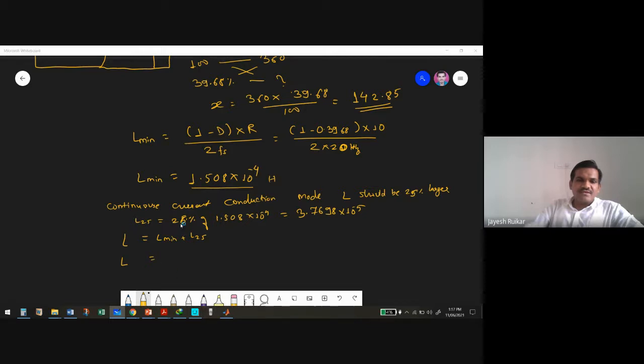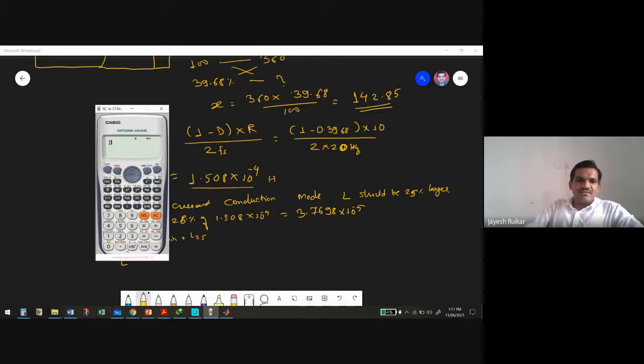So it will be like 1.508 into 10 to the power minus 4 plus 3.7698 into 10 to the power minus 5.